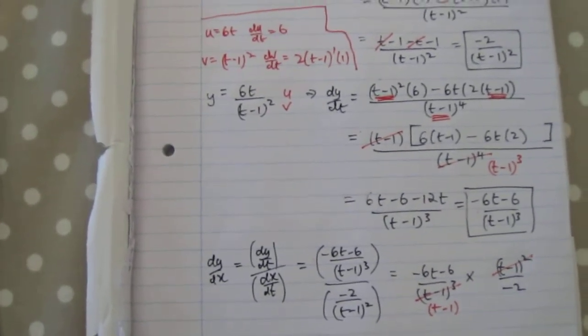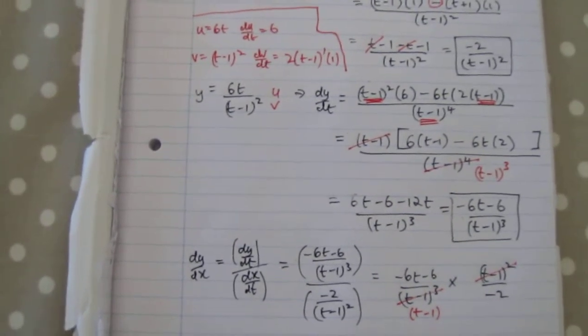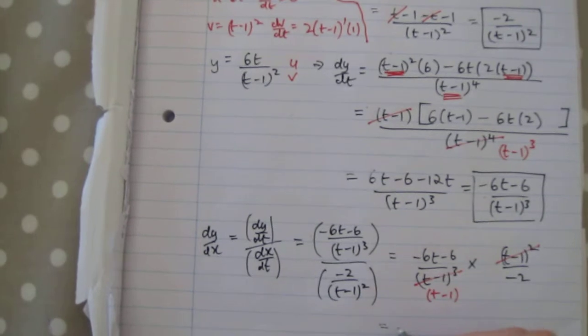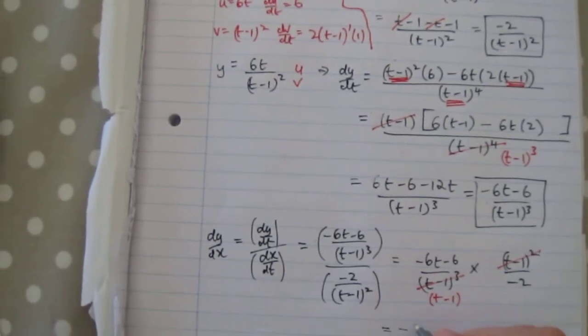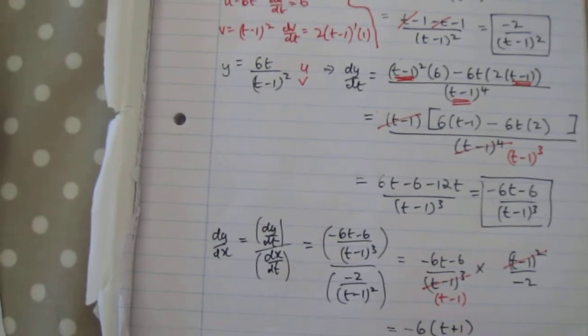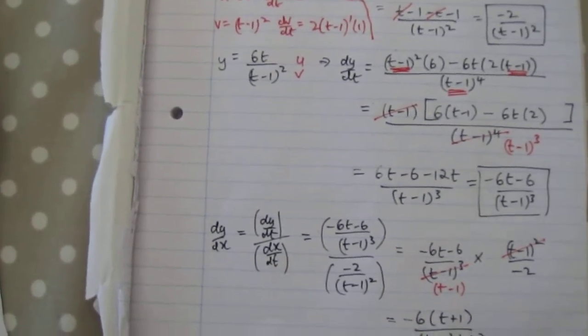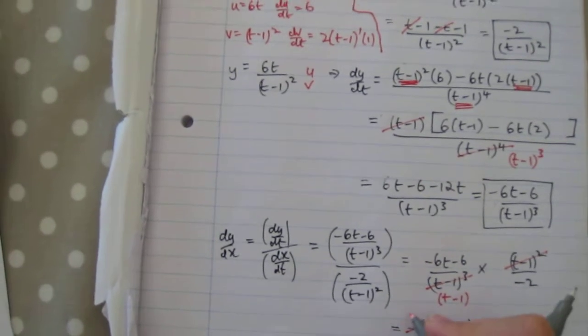At this stage you might look at that top line and say, well look, I could factor out a minus 6. So you get minus 6 into t plus 1 all over t minus 1 by minus 2. There's a little bit of cancelling here.